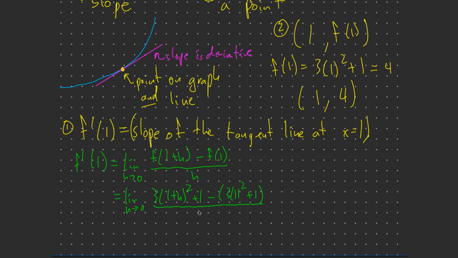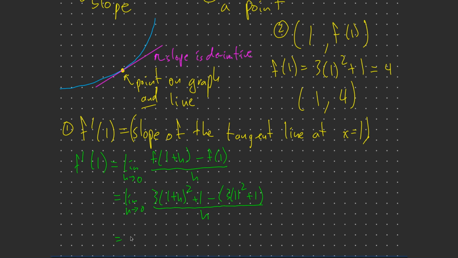All of this divided by h. Okay? So now I can simplify this a little bit more. So the limit as h goes to 0 of, now this I can expand out here. So this is 3 times (1 squared plus 2h plus h squared) plus 1. Right? That's what happens when I expand this out. And over here this is minus 4.